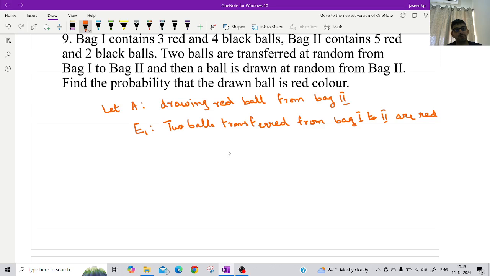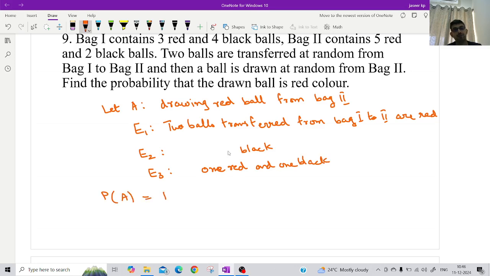In E2, the 2 transferred balls are both black. And the third case, E3, is 1 red and 1 black. So we have to find the probability of getting a red ball, that means we have to find P of A.